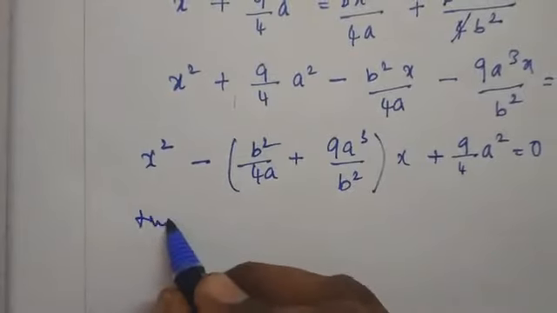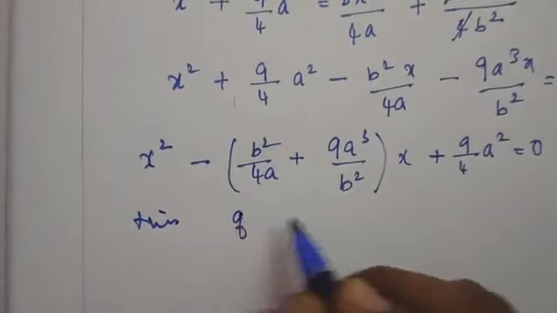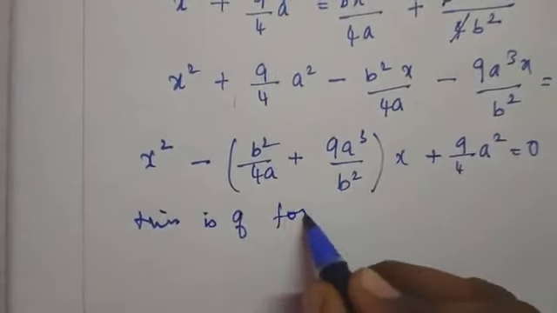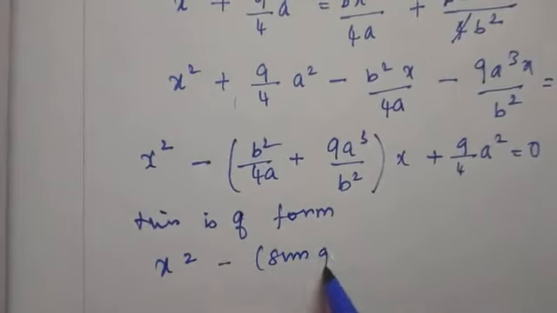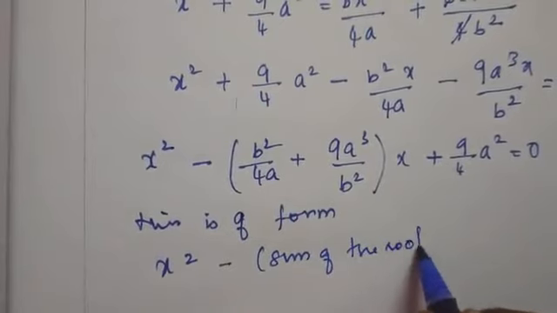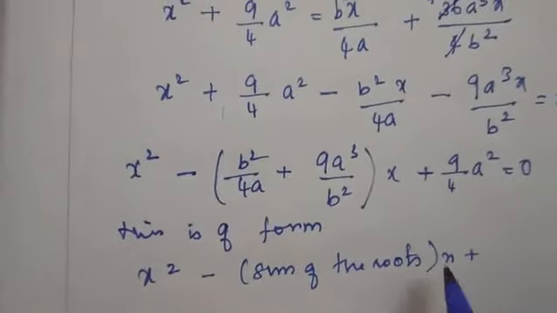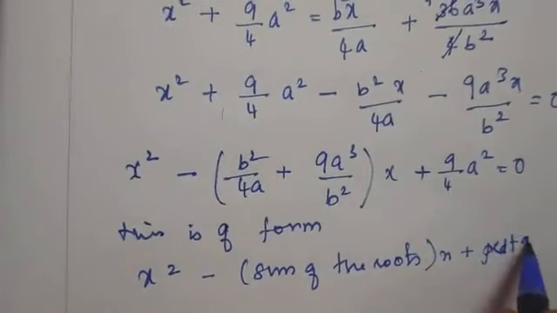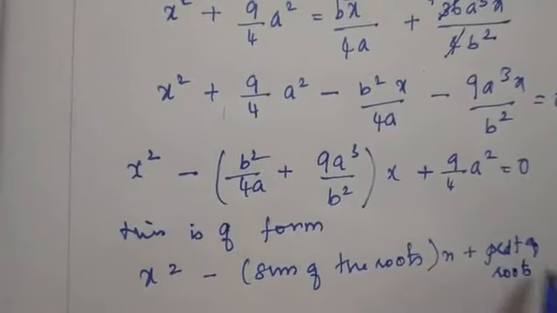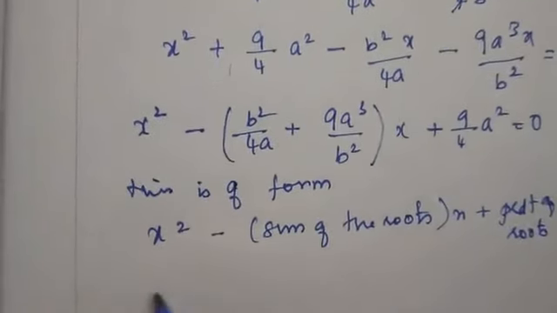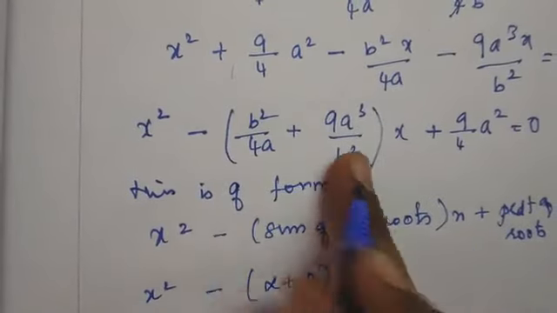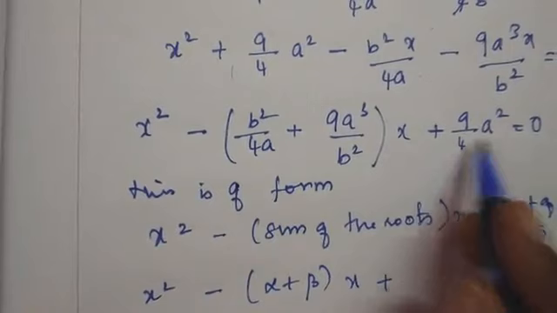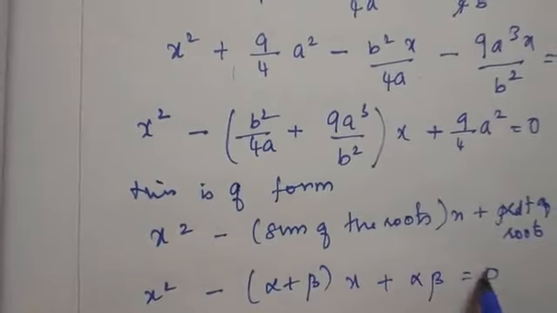This is of the form x square minus sum of the roots into x plus product of the roots equal to 0. That is x square minus alpha plus beta into x plus alpha beta equal to 0.